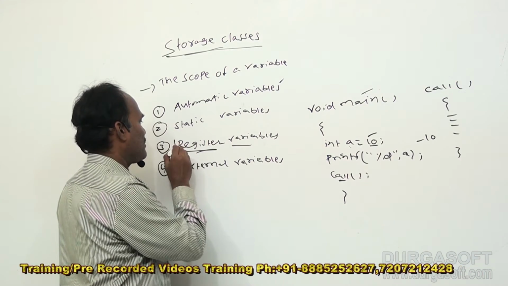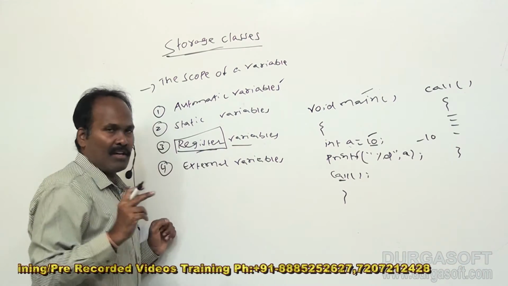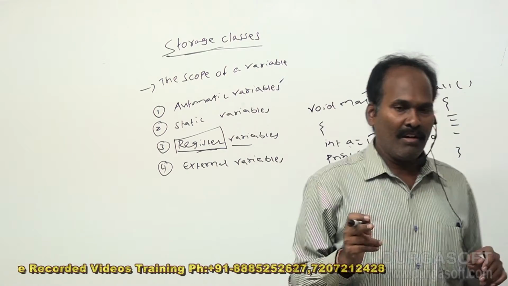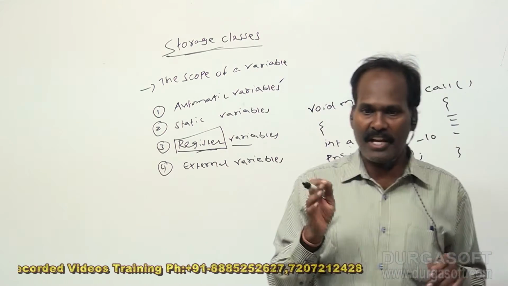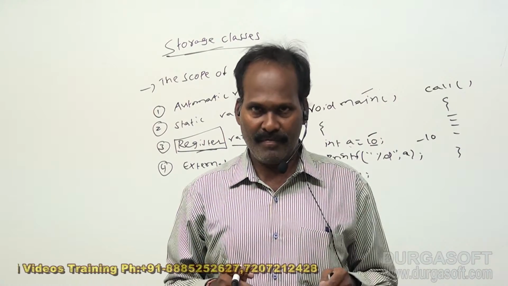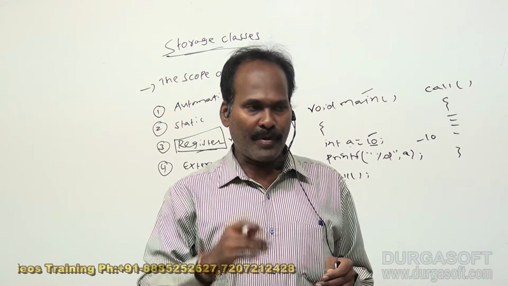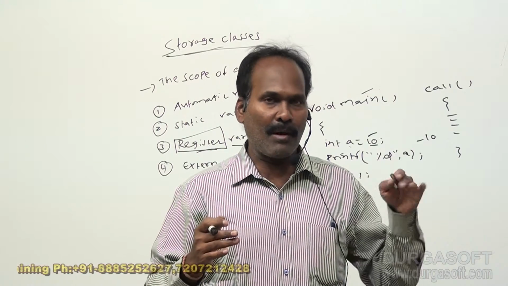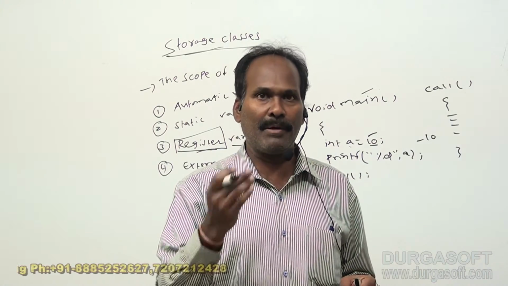As its name says, a register variable is stored in the CPU registers. Normally, when you give a value to a variable, the variable will be stored in the primary memory, RAM. When you are printing the values, the compiler's duty is to fetch the values from primary memory.